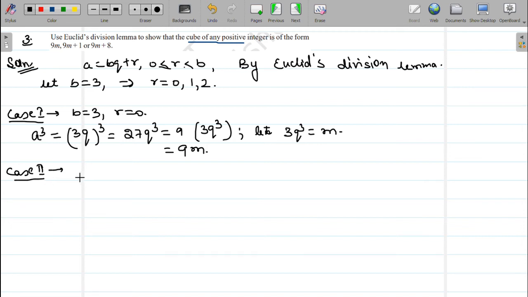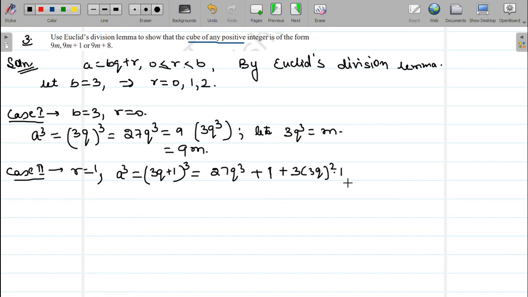Then case 2. Case 2 is again b equal to 3, r equal to 1. So we will have a cube is equal to (3q plus 1) whole cube. So it will be 27q cube plus, I hope you all remember the identity of (a plus b) whole cube. It's a cube plus b cube plus 3a square b plus 3ab square.